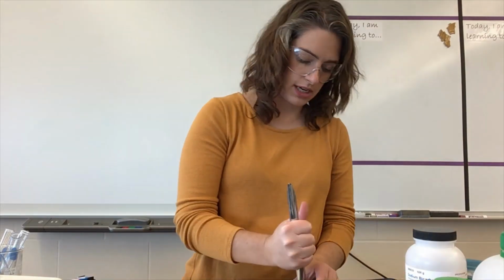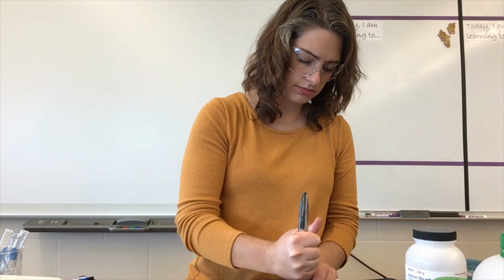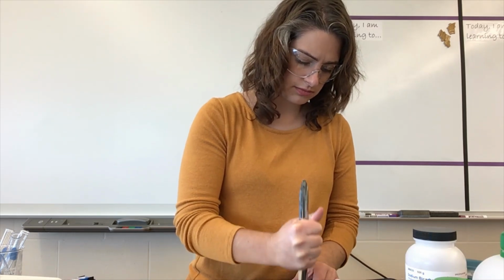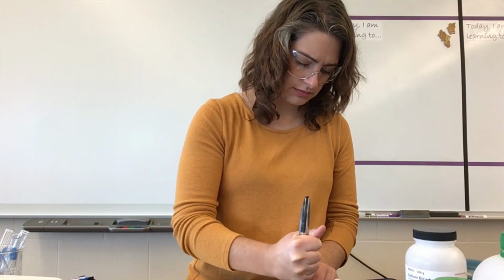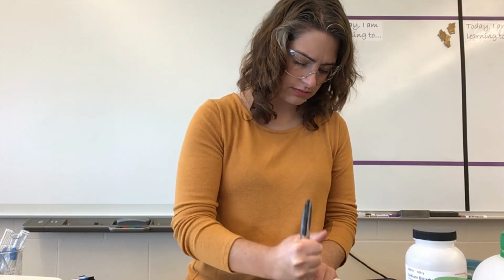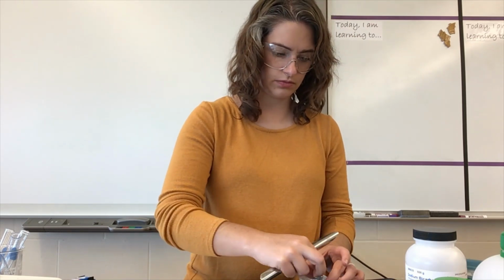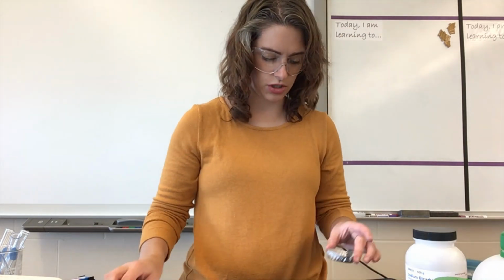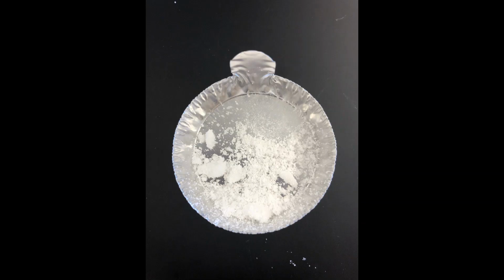And just to make this a little bit easier, I'm going to go ahead and crush it up a little bit, because I really don't need to test all of this, I just need some of it. Okay, so crush some of that up. Made a little bit of a mess.